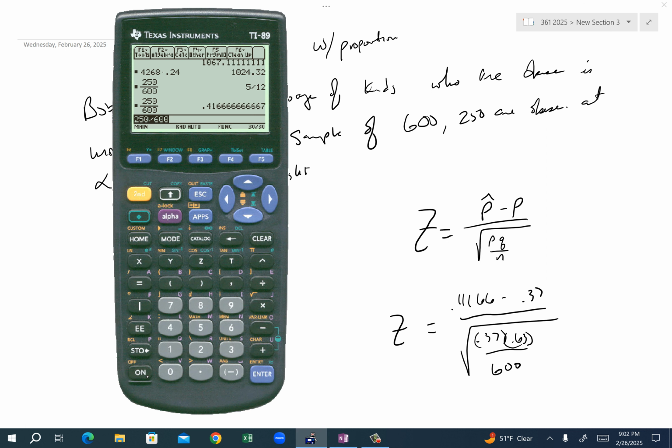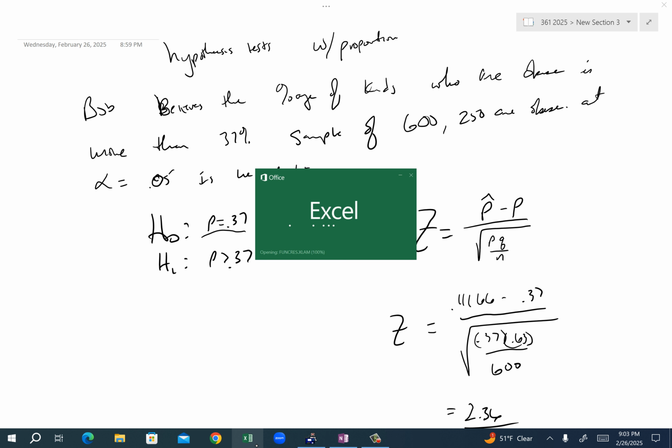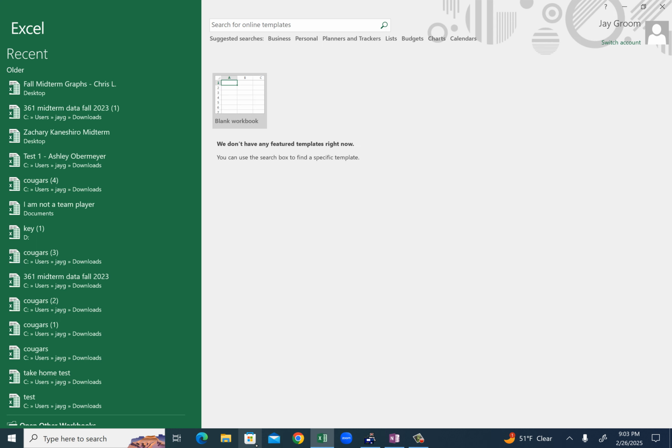Anything bigger than 2, it's automatic reject, obviously. So z is 2.36. Your answer is, you reject right now. Of course, pull up your Excel. You can still get a p-value for it, but it's a moot point. I'm going to reject H0.